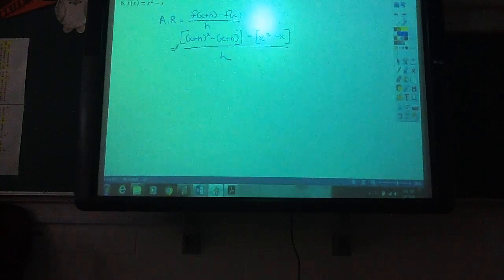So this whole formula gets rewritten. It just all gets into x plus h.